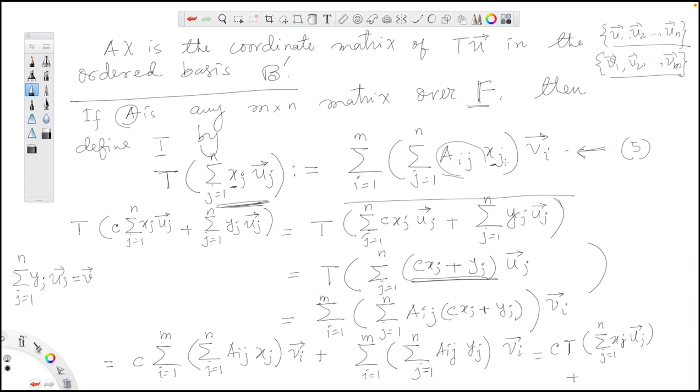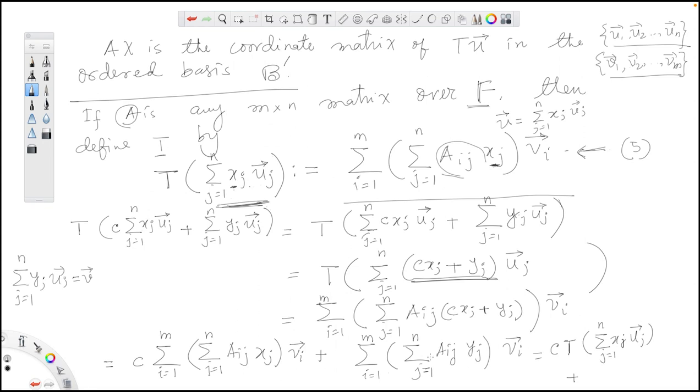These xj's come from the fact that we write u as a sum of all the expressions like xj uj, where j runs from 1 to n. So when we have xj uj here on the right side, after the action of T, I just have the coordinates xj.